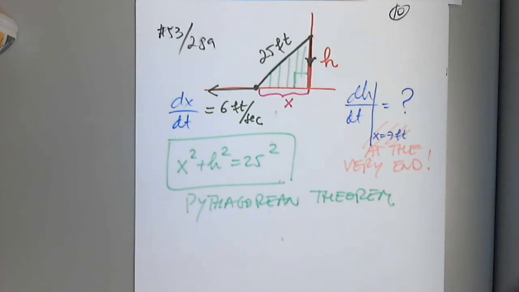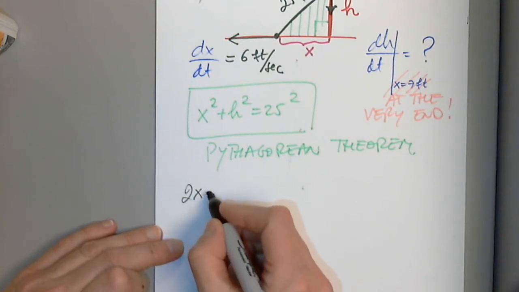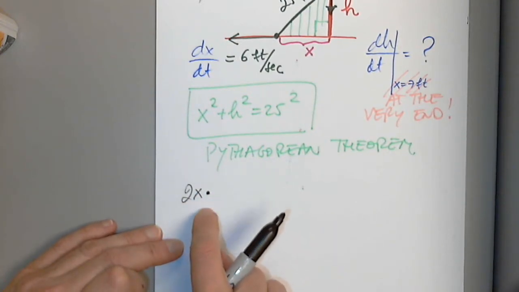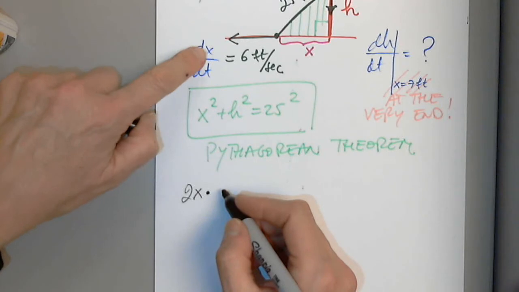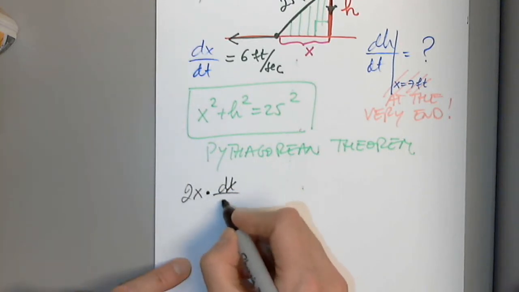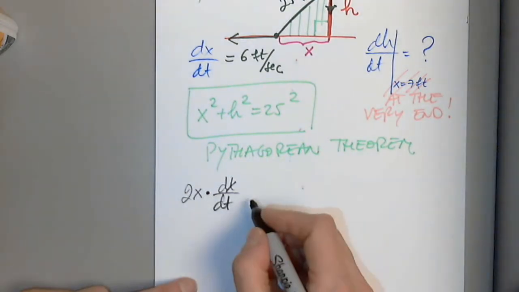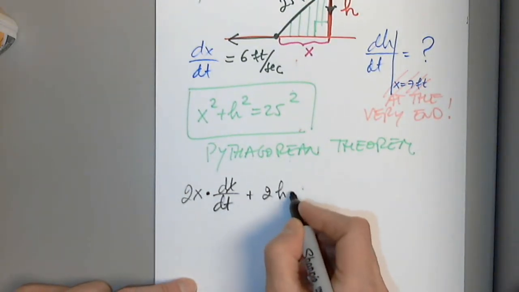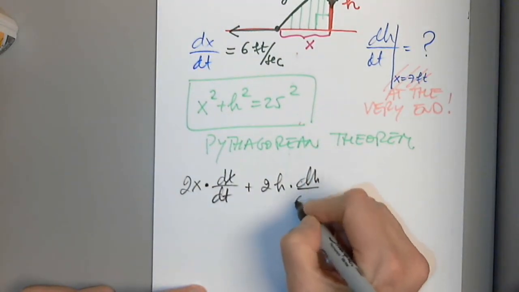Perfect. Let's differentiate. The left-hand side, 2x times dx over dt. Sorry, it's a function. That's what we just said. They're both functions of time. Plus 2h times dh over dt. Very good.